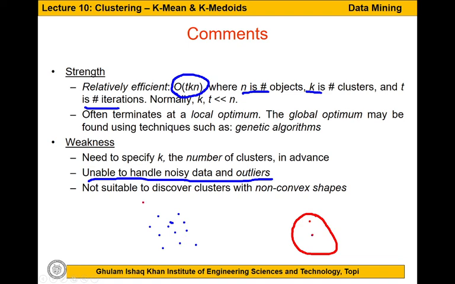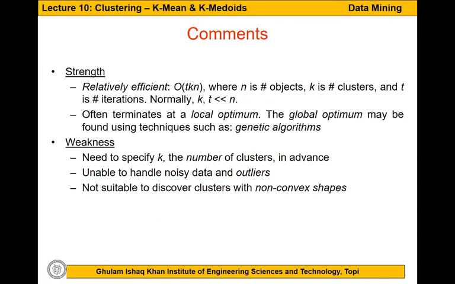Ultimately, it will influence the result, and since this is noise, it may produce unacceptable results. So this is the weakness of the k-means algorithm, but maybe we can use some pre-processing technique to eliminate the outliers beforehand, before implementing k-means.